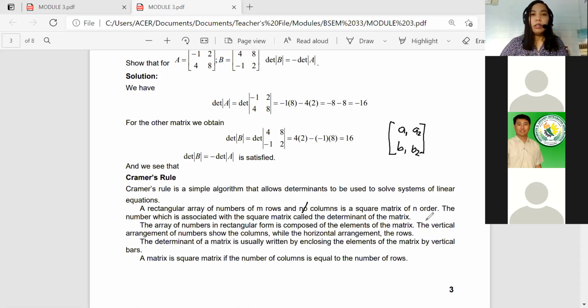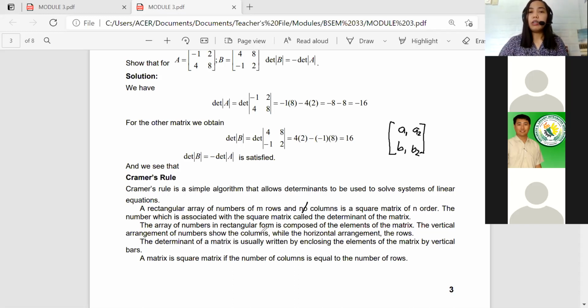And then the number which is associated with the square matrix is called the determinant of the matrix. So again, determinant is only for square matrix. What we get when we perform an operation on a square matrix is called the determinant.